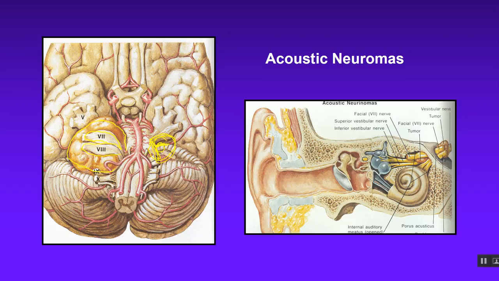This slide shows you the tumor going in and invaginating through the little opening here in the skull and compressing the nerve. It can be more involved with the auditory or the vestibular part, or both. So it just depends on the presentation. Those are benign, okay?